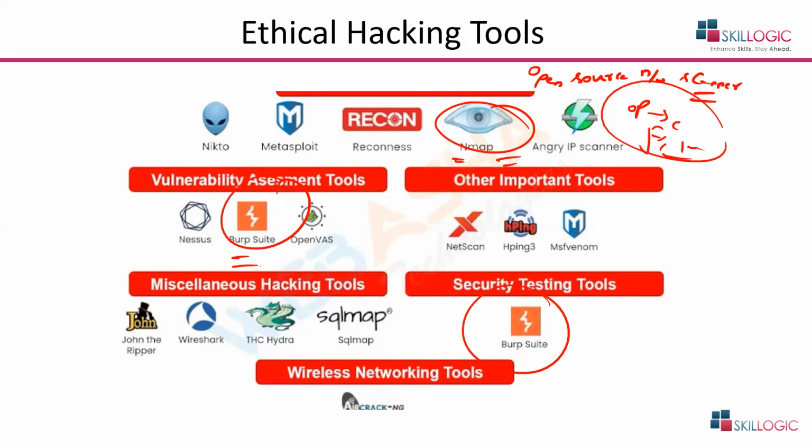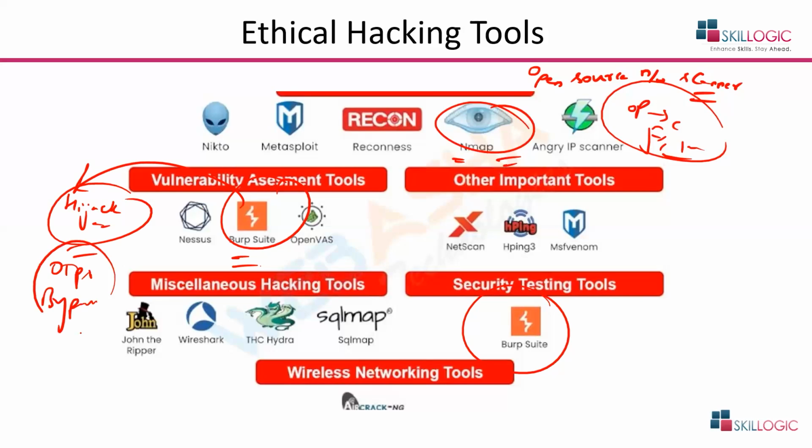Usually hackers use this tool if they want to hijack your session, capture HTTP requests, or bypass OTPs. It's one of the best web vulnerability scanner tools as well as a session hijacking tool.